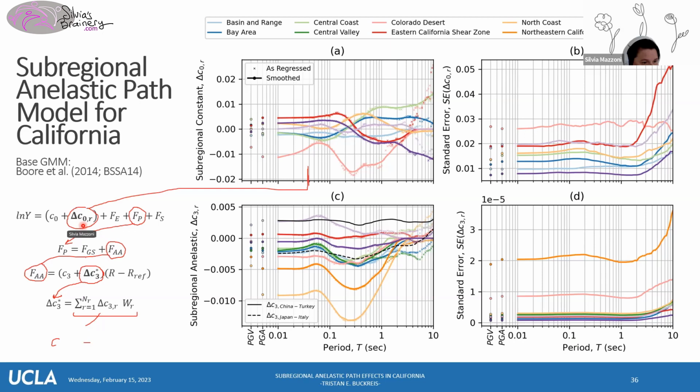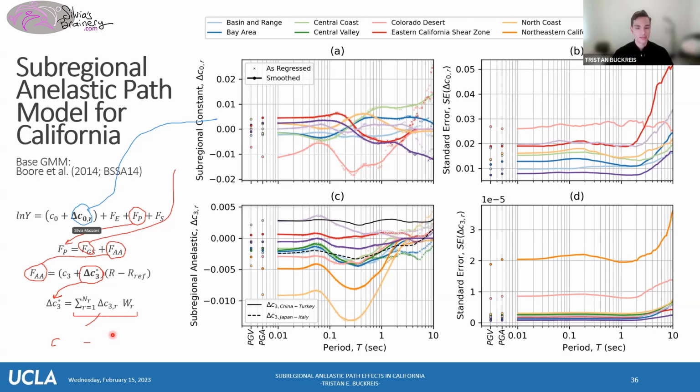And then this thing here is the anelastic. What's the difference between? No, these are all subregional anelastic, but this is subregional, oh, because this is the anelastic here. So hold on, let me erase a couple of things. So this doesn't belong there. So the constant that you're plotting here, this constant here is what we see in these plots. Yes.